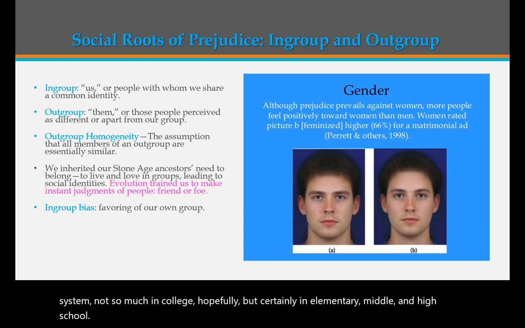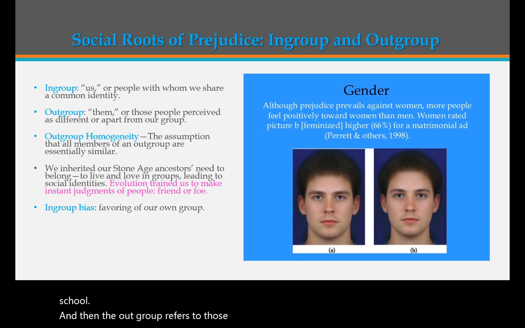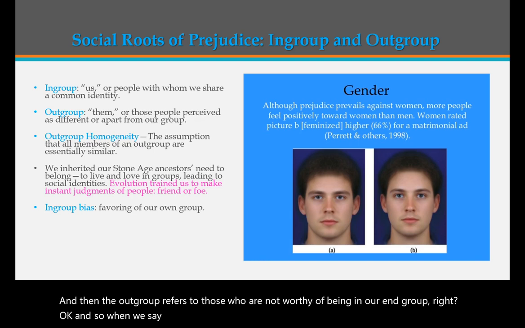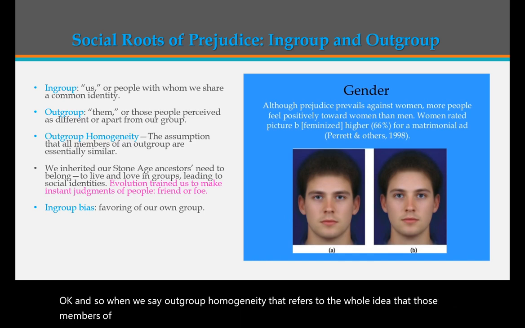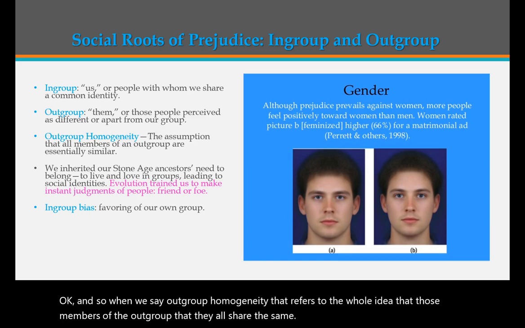And then the out-group refers to those who are not worthy of being in our in-group, right? Okay, and so when we say out-group homogeneity, that refers to the whole idea that members of the out-group all share the same attributes, right?